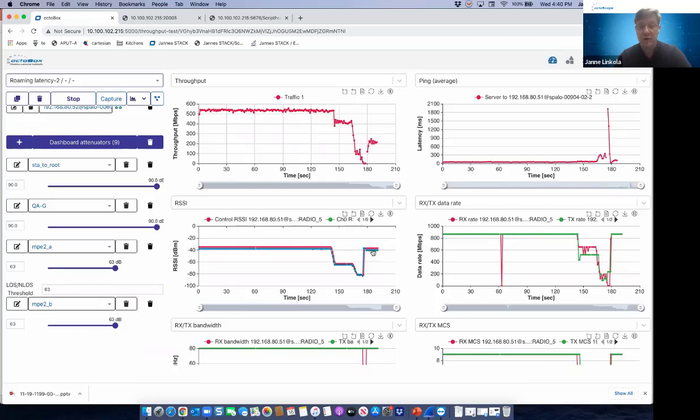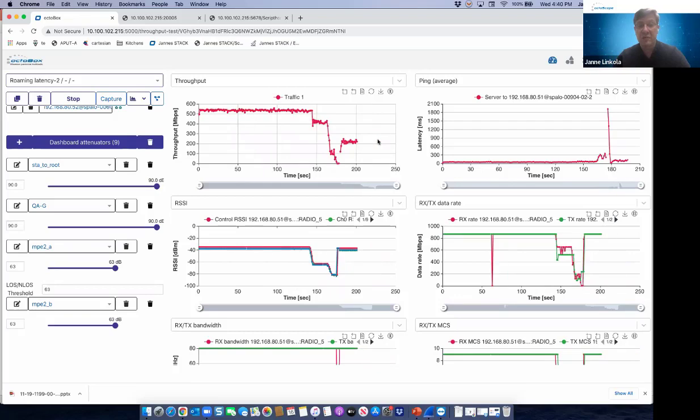And in fact, we're at great RSSI. But look what happened to the throughput. We were at about 550 megabits per second through the root. And now we're at maybe 200, maybe 230, 220, something like that. So the throughput has basically halved when we are using the first extender.